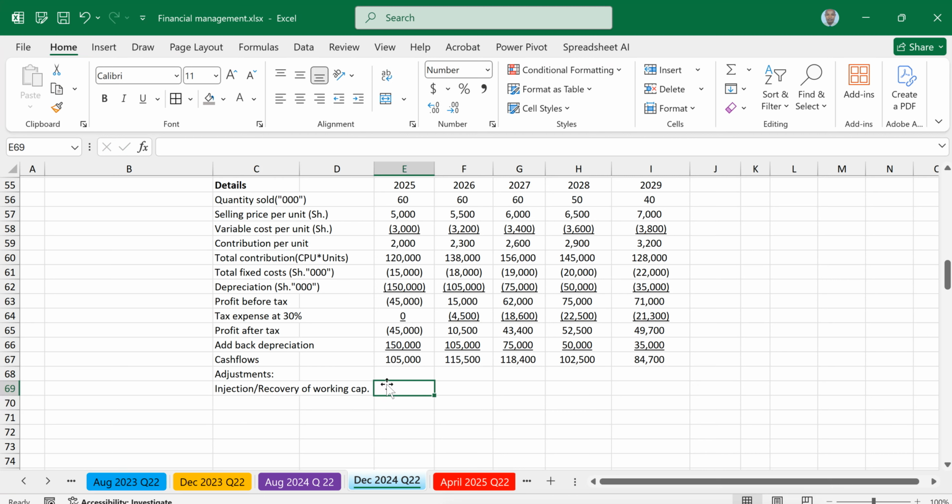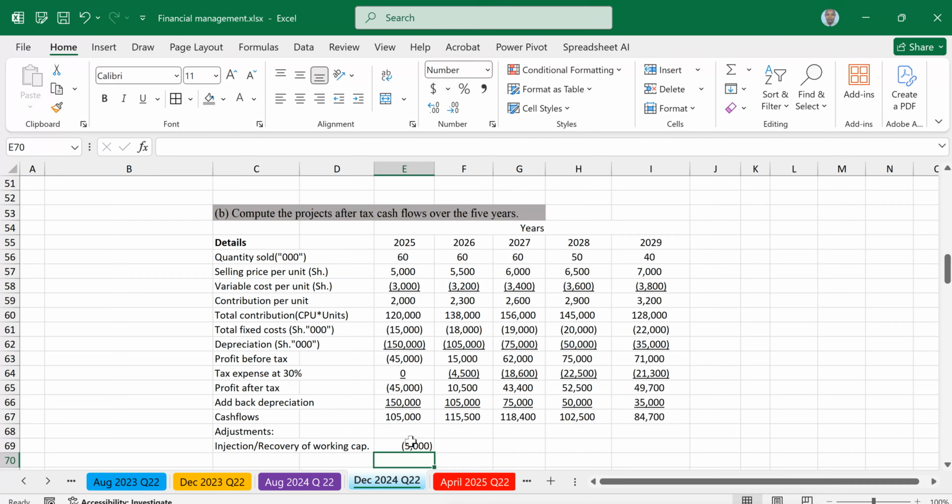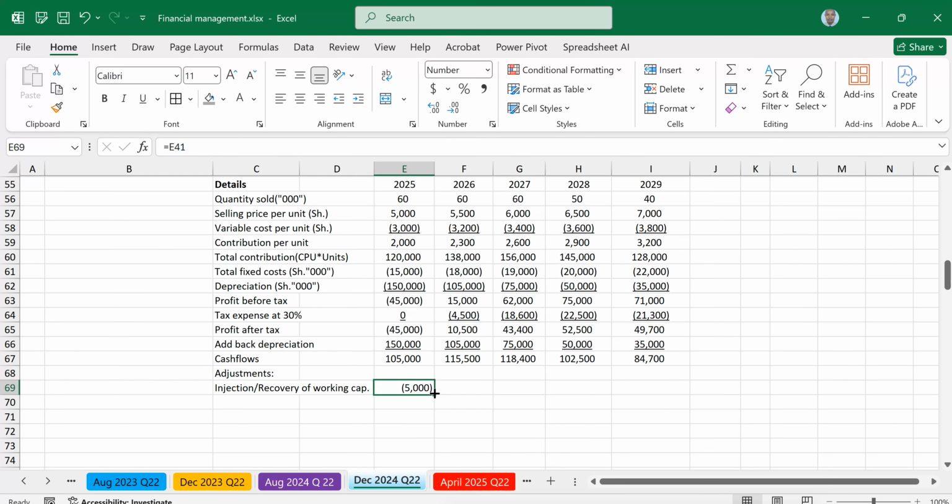So in the first year of 2025, it was equal sign, move up, 5,000. It's an injection, so it's an outflow. Then just copy across. In the last period, it will be an inflow. You can see the recovery of 40,000. So injection or recovery of working cap.